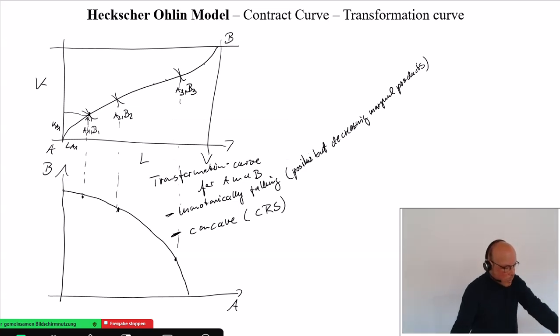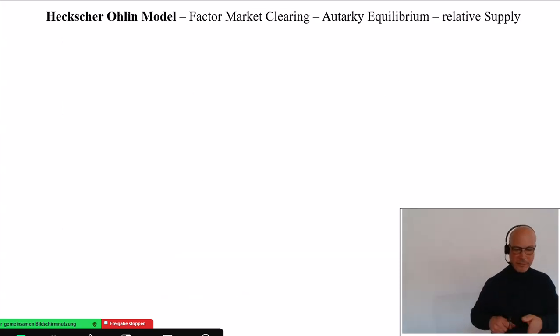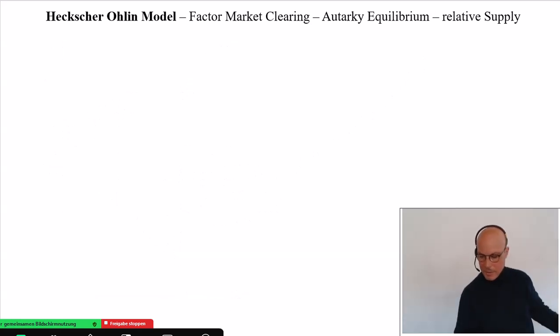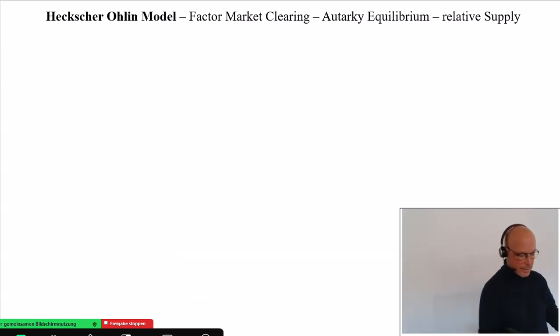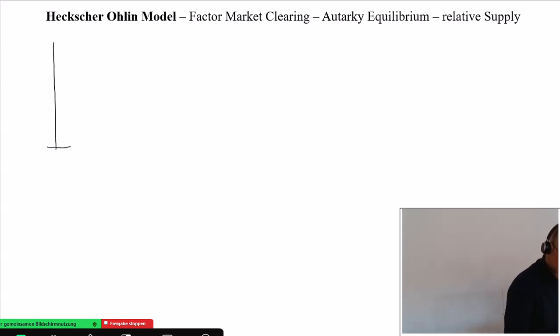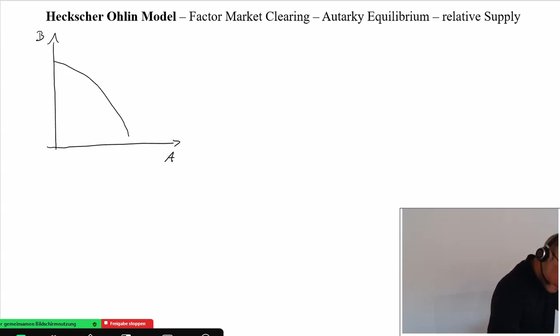And now we are almost done. I have some time left because now we can argue in the same way as we have already argued in the specific factors model. Now we can say, okay, I have my transformation curve looking like this.